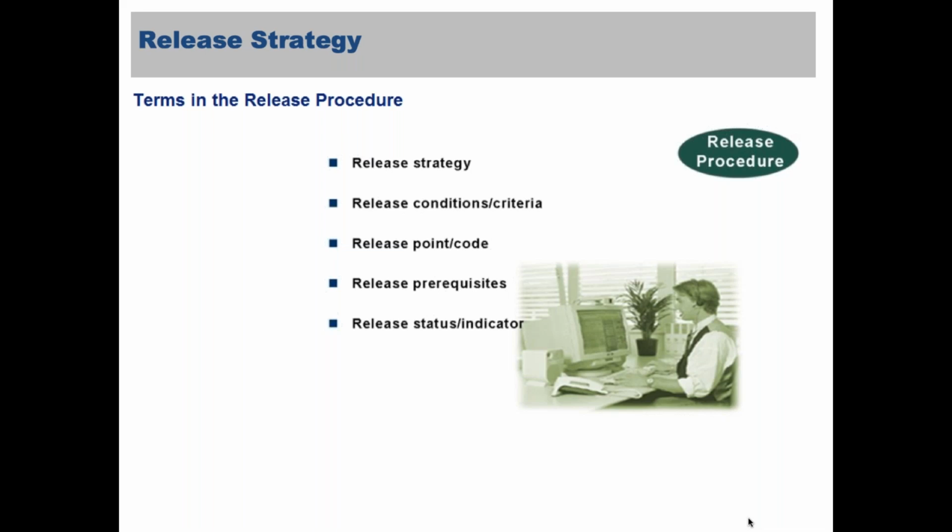When I say release status or indicators, it says whether the purchase order is released, under process or under approval, or not started. So that is what it means, the different statuses of the release strategy.